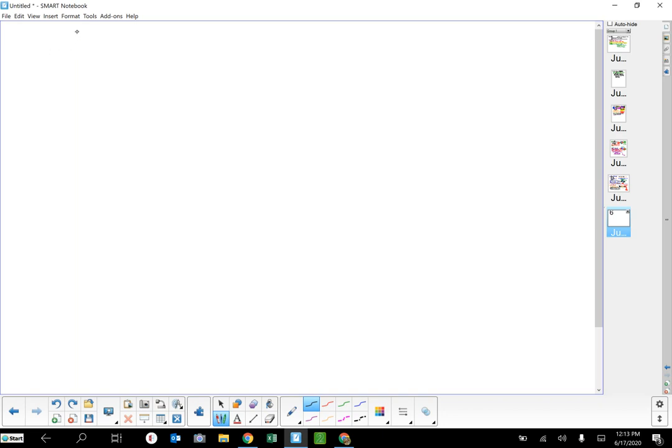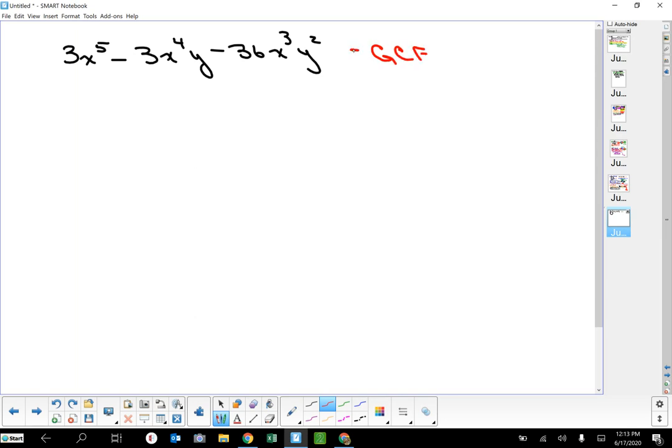What if you have one that looks like 3x to the 5th minus 3x to the 4th y minus 36x cubed y squared? Well, this guy has a couple things happening. The first is a GCF. And if we look, we know a 3 is going to go into both 3 and 36.